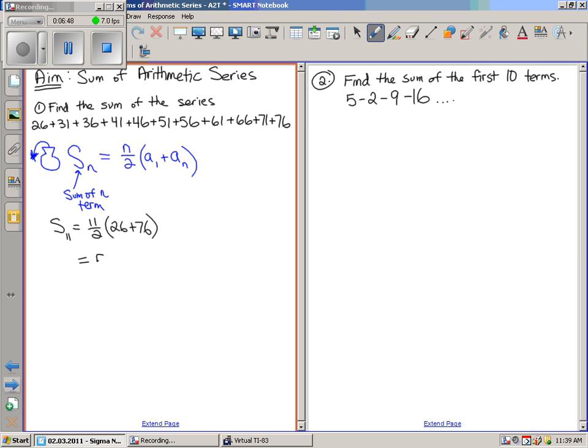Which means that it's going to be 5.5 times, what's 26 plus 76? 102. And the answer is 561. And that's what we do. Piece of cake.